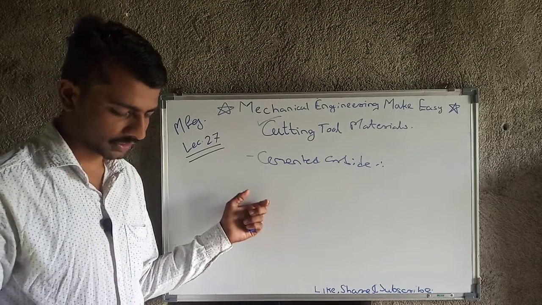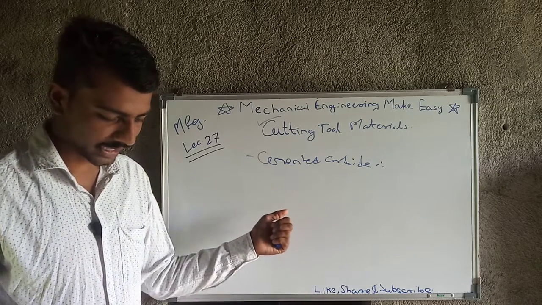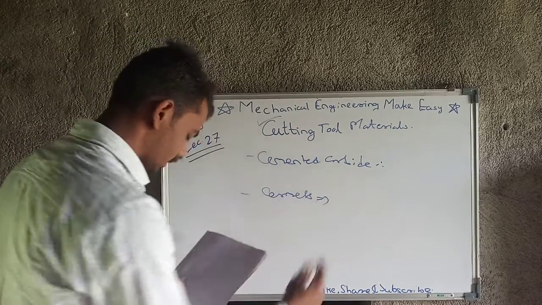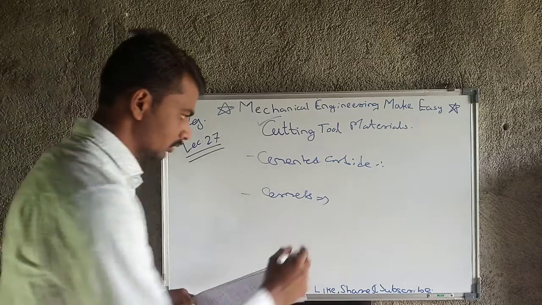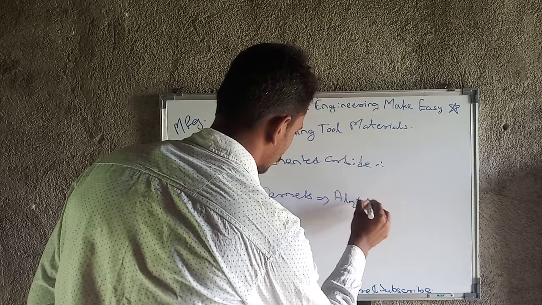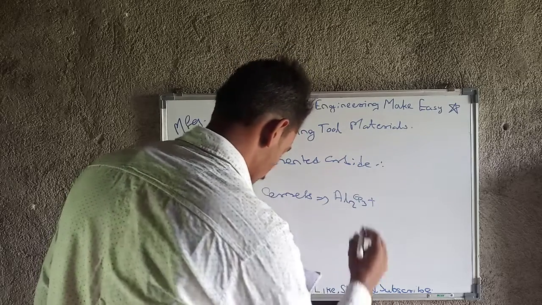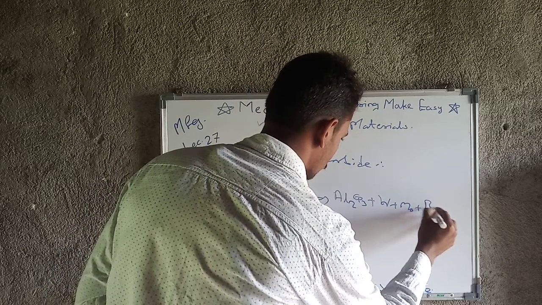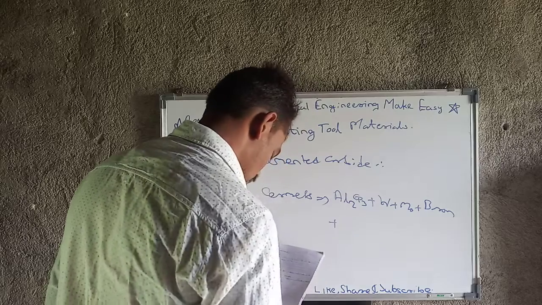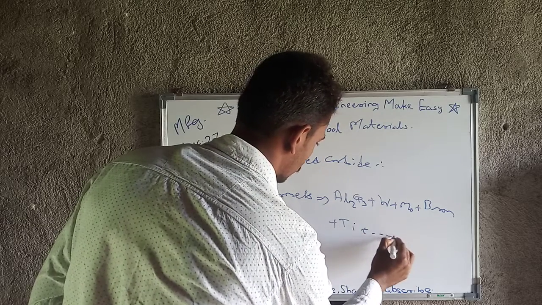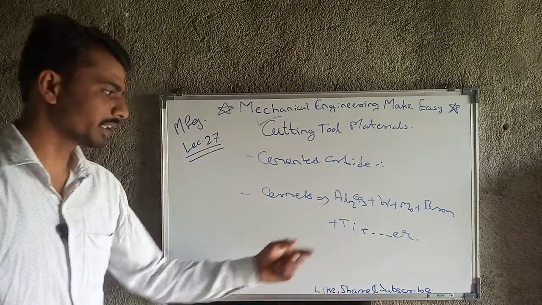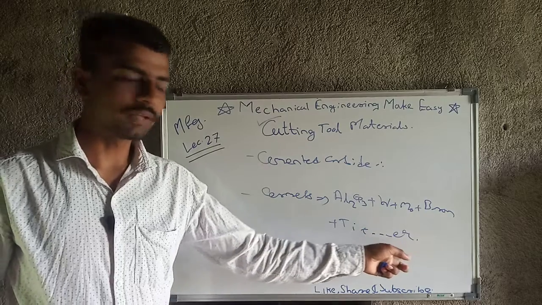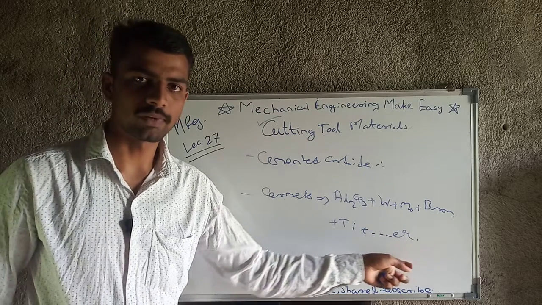Then the next materials are ceramics and sintered oxide, and then cermet. Cermet is a material prepared from Al2O3 plus tungsten plus molybdenum plus boron plus titanium, etc. The major constituent is aluminum oxide, then tungsten, molybdenum, boron, titanium, and depending on our requirement we can add a number of elements here.